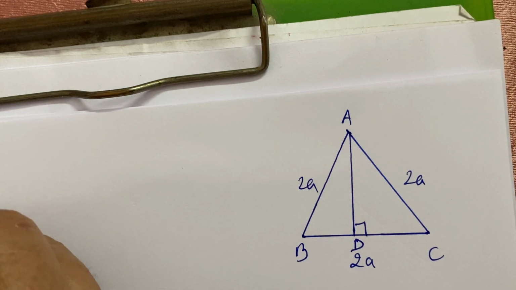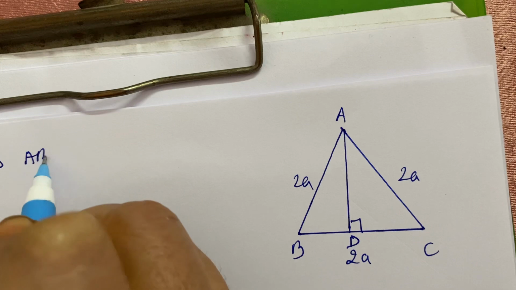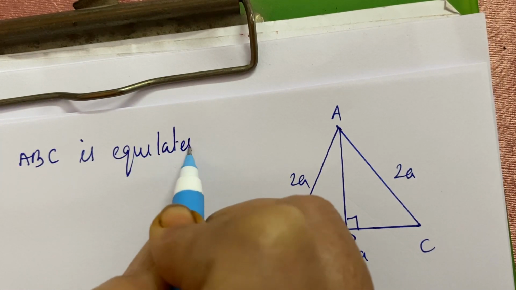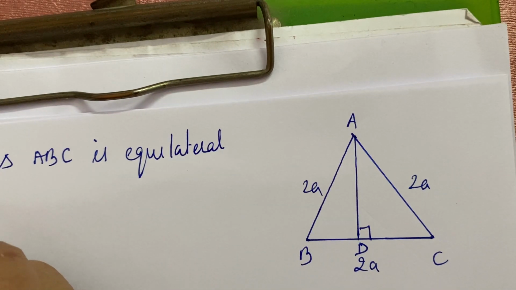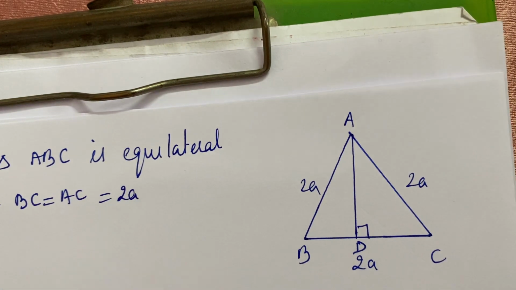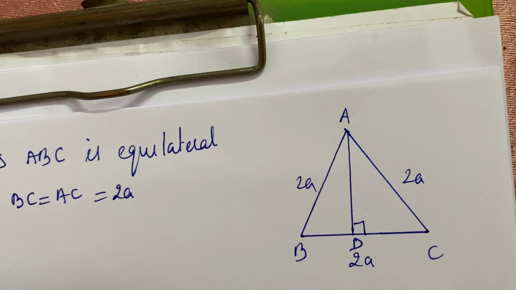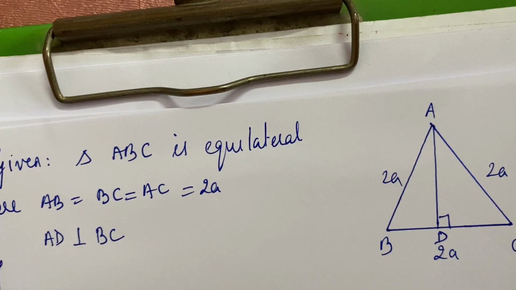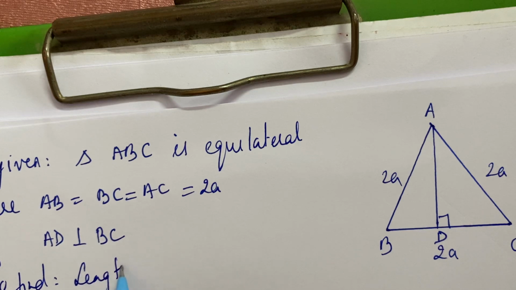Okay, so in given we will write triangle ABC is equilateral where AB is equal to BC is equal to AC is equal to how much? 2A. AD is perpendicular to BC, that means AD is the altitude. To find length AD.